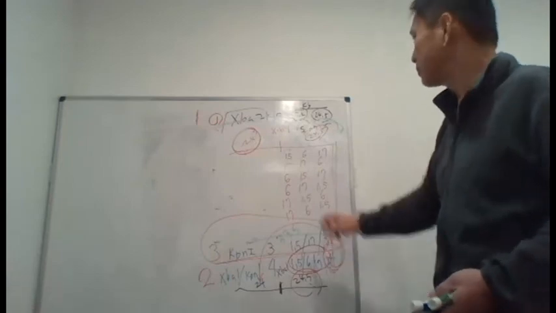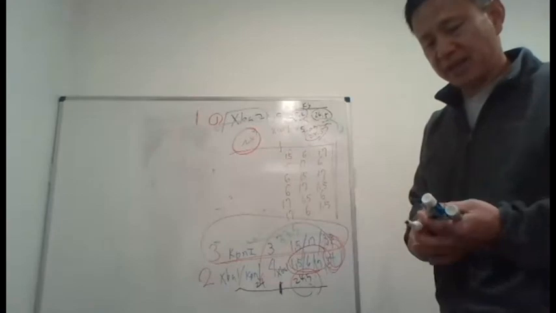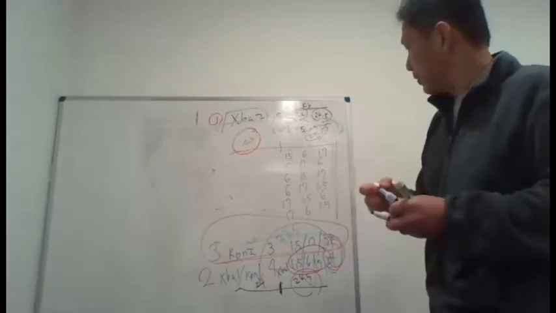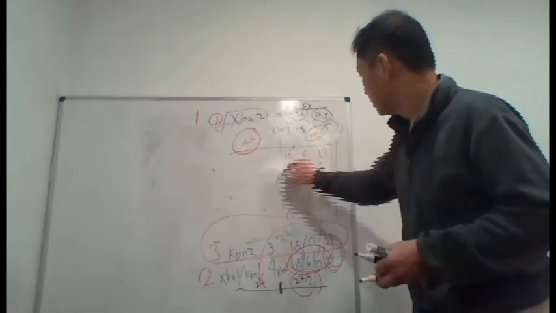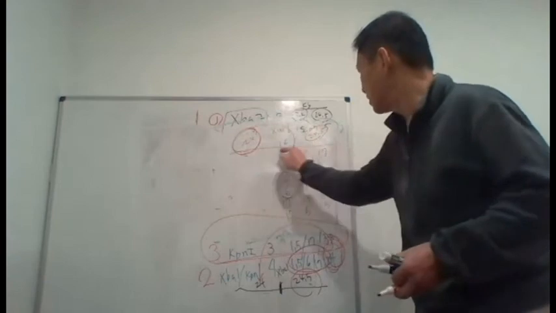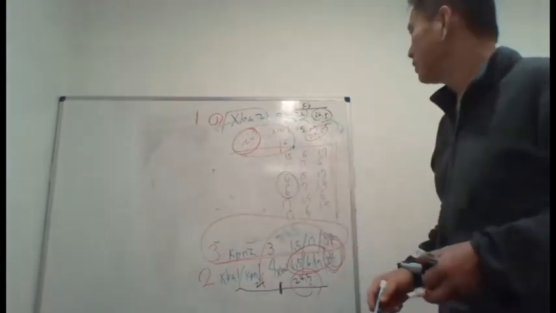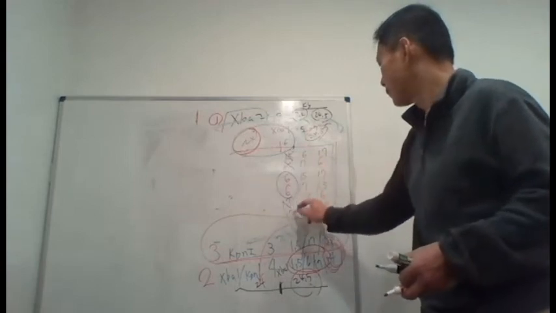KpnI doesn't cut here. So you need to have 30. So immediately you know you need to have a 6 here, so that 6 can give you 30 kilobase long. Therefore, you eliminate this.